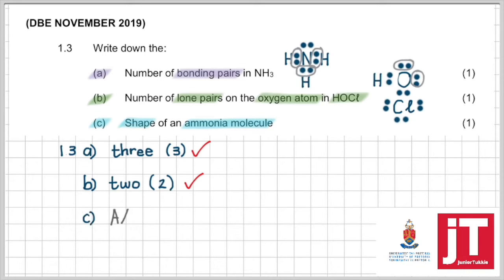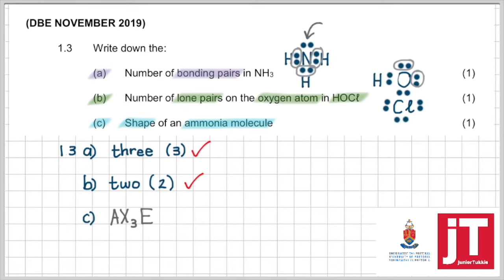Over here, for ammonia, we have the central atom, nitrogen, which we represent as A. Around nitrogen, we have 3 terminal atoms, 3 hydrogen atoms, which we represent with the X, and the 3 shows that there are 3 terminal atoms.